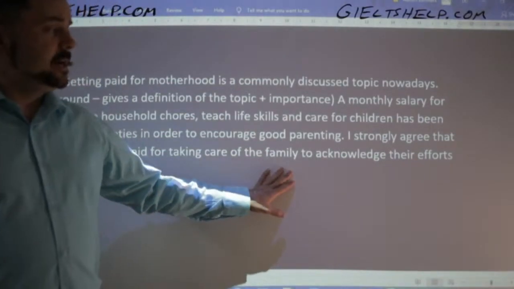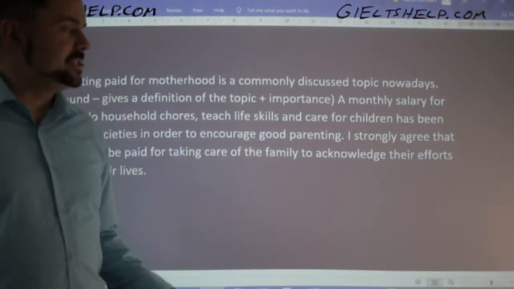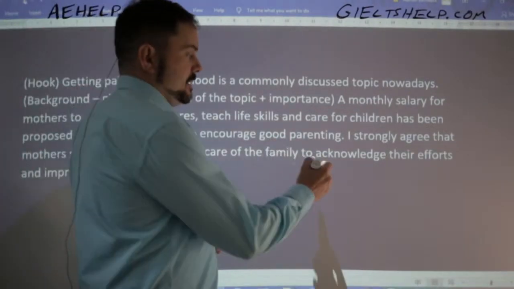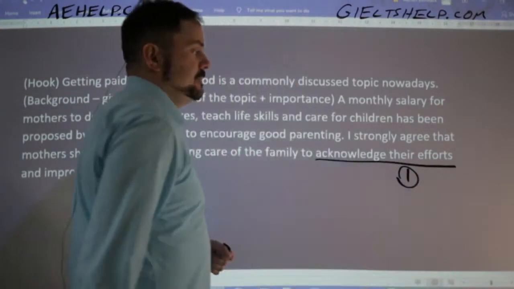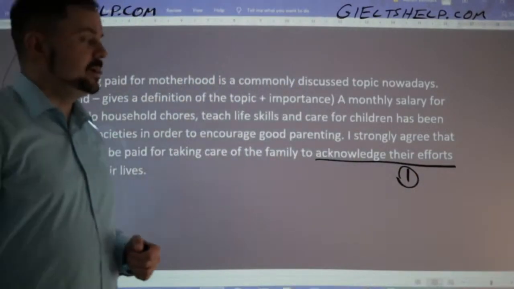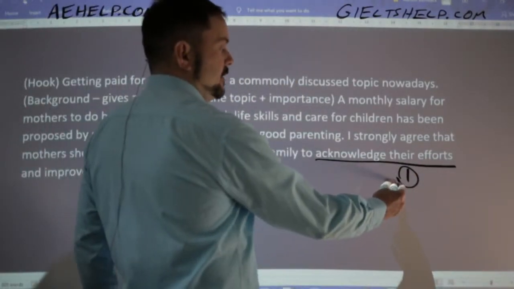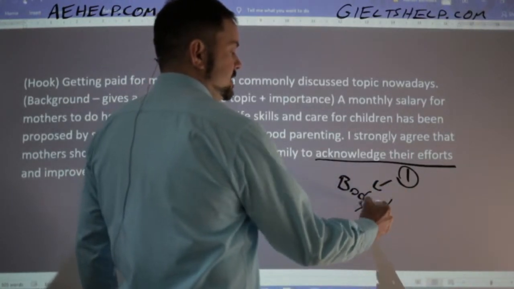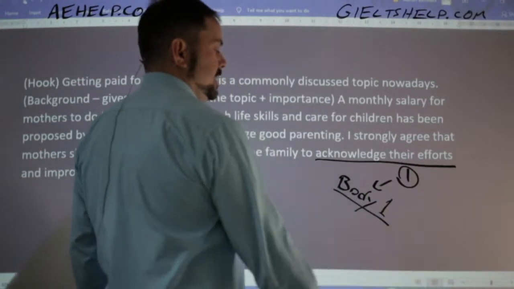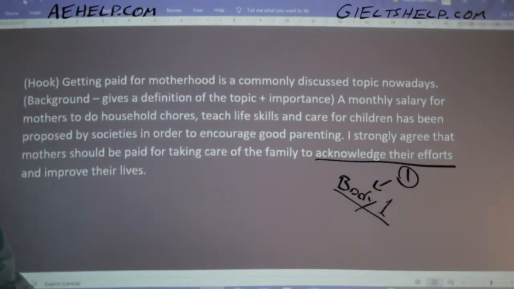And then I have my two thesis points. So my first point is acknowledge their efforts. That's my point number one. This tells my reader that my body paragraph 1 will discuss this point and explain it and give examples in greater detail.